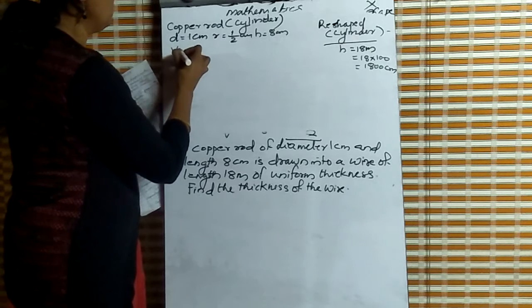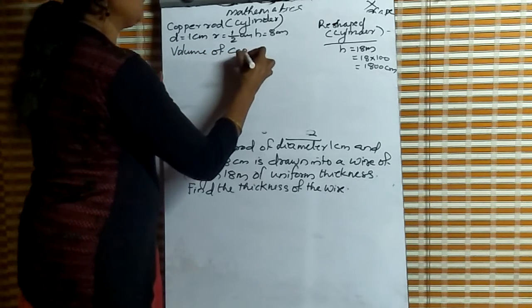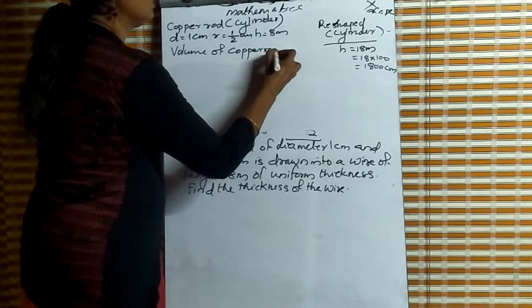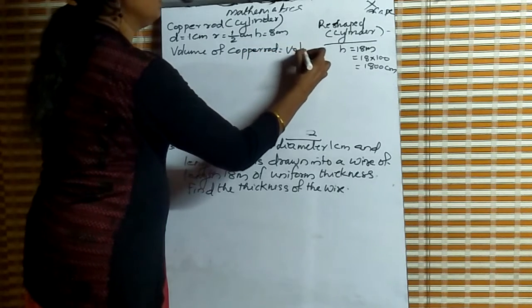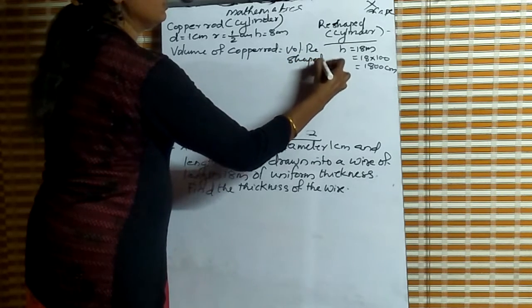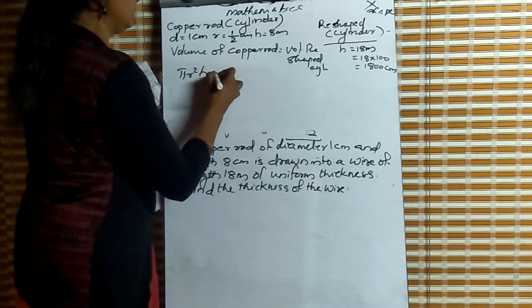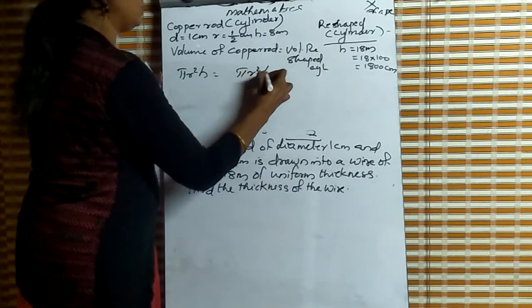Volume of the copper rod is equal to the volume of the reshaped cylinder. Pi r square h.